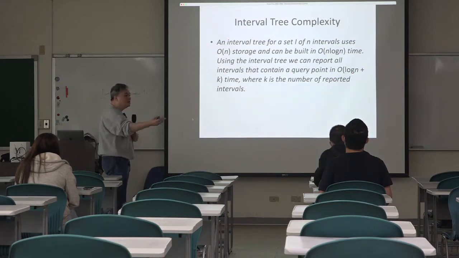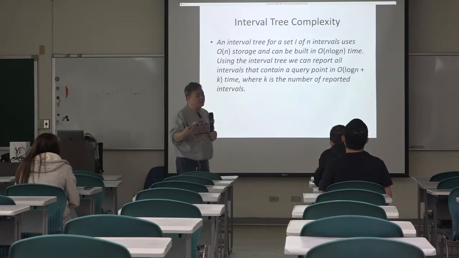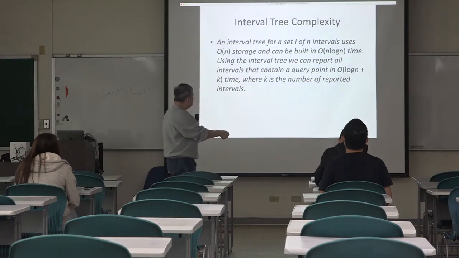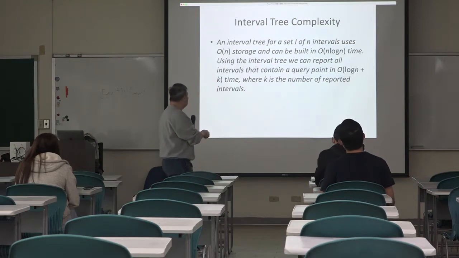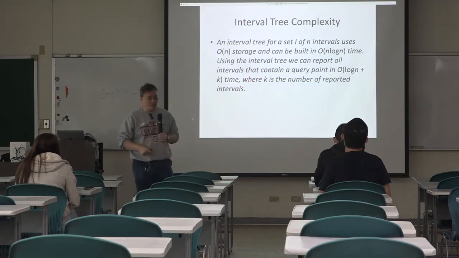So this also answers the question that we raised at the beginning, because if you compare every interval with this query point, the complexity will be linear. This one is obviously much cheaper than linear, right? And this is an output-sensitive algorithm because of the plus k, where k is the number of reported intervals.